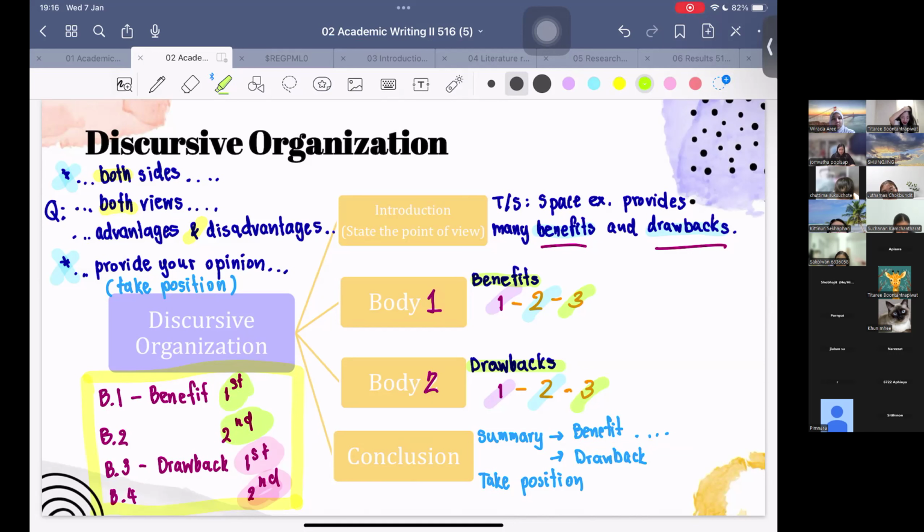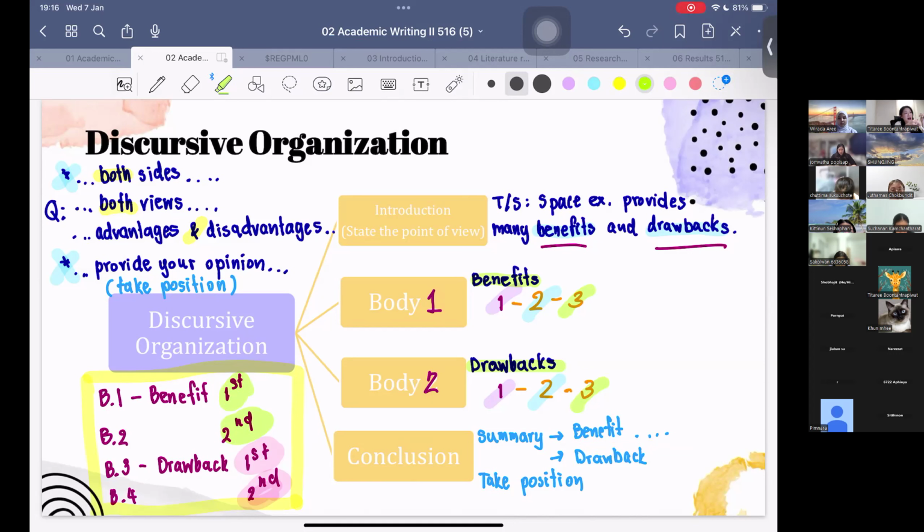That's one way. However, yes, you can do something on the left here under the discursive one in the yellow highlight box. This is another way that you can do it as well. For a discursive essay, you can divide each benefit into a different paragraph.